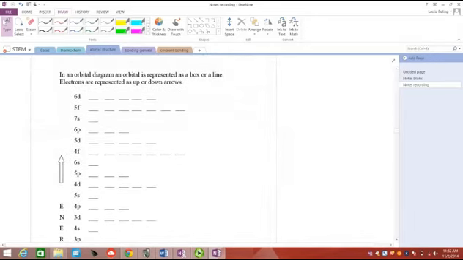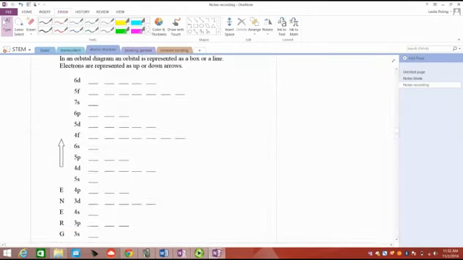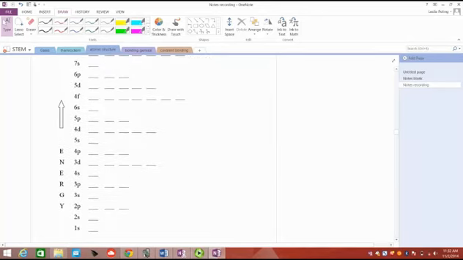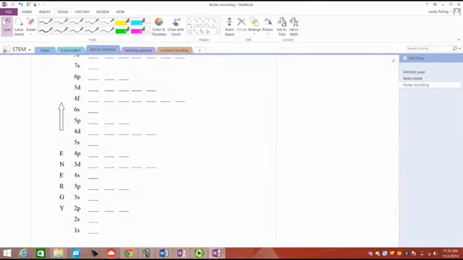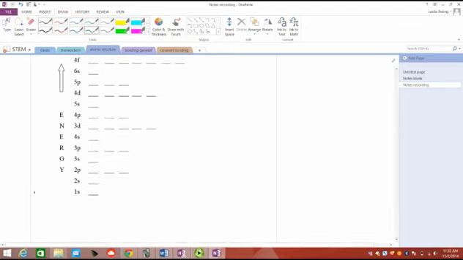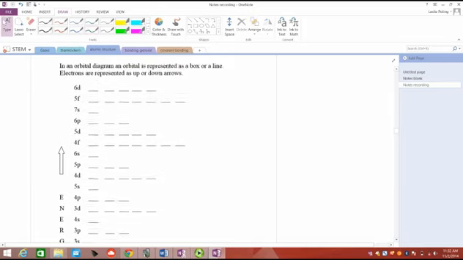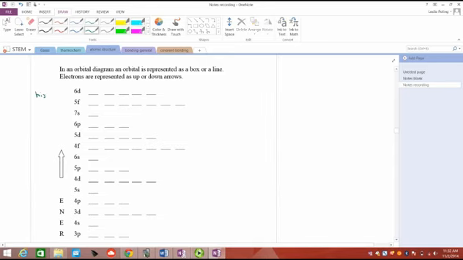So here is a full list of energy levels. We've got the lowest energy down here. We've got the highest energy up here. We're not going to need all of this.